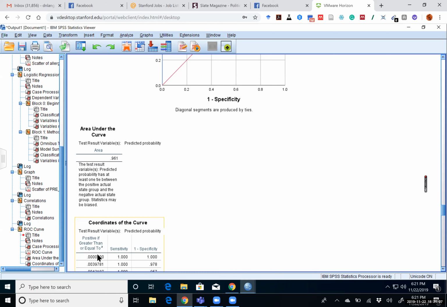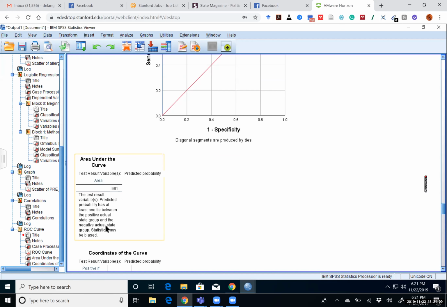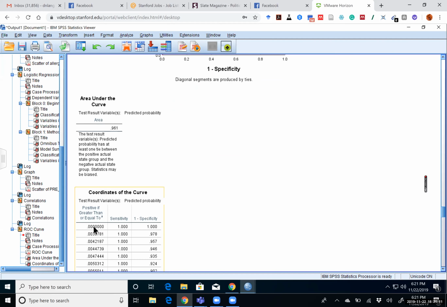And the way you read this scatter plot is that for a particular value, for instance, if we assign 0 to be the cut point for saying you have an allergic reaction, it's going to be perfectly sensitive and not at all specific, meaning that you're never going to say that anyone doesn't have the disease.